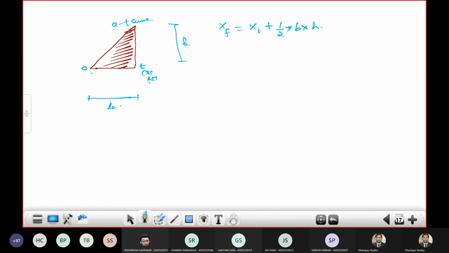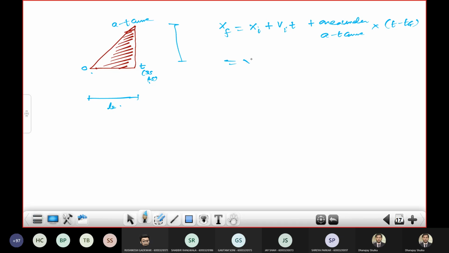The formula is xi plus vi into t plus area under the AT curve into (t minus tg).